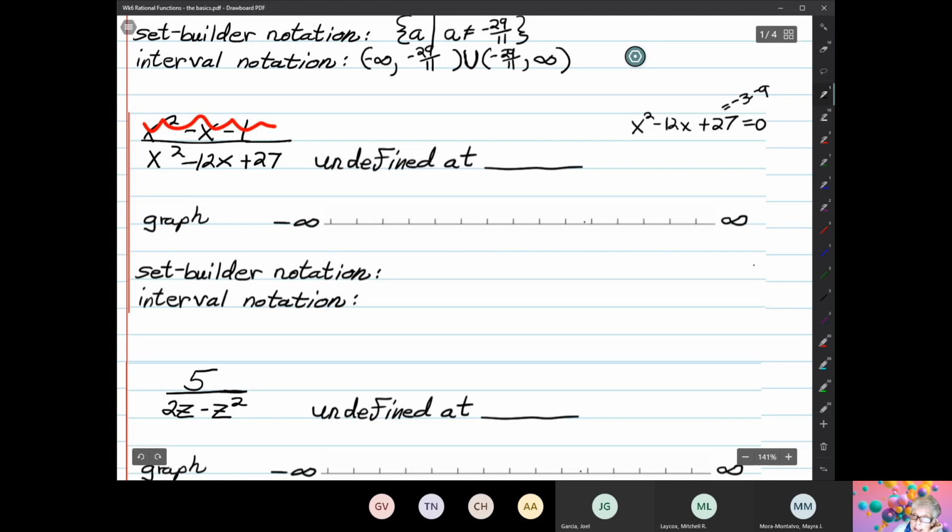Now, why did I choose the negative? Because this B number is negative. I need two numbers that will add together and give me a negative number. Well, if I add negative 3 plus negative 9, I will get negative 12.